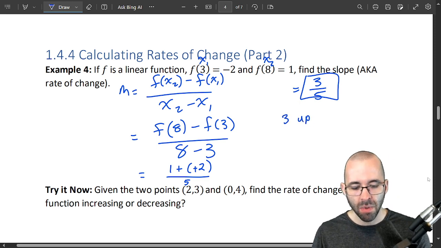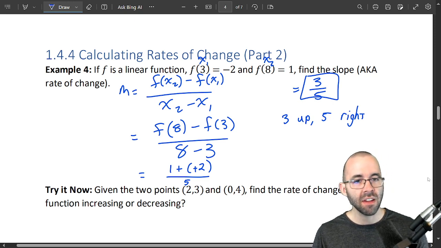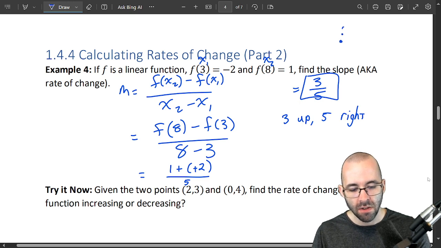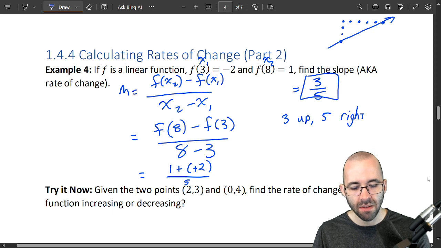Or you can say 3 up, 5 right. What that slope means on a line. If we were graphing this line, that's exactly what we'd do. Count 1, 2, 3 up, and then 1, 2, 3, 4, 5 to the right. We'd have our slope and we could draw our line and so on.